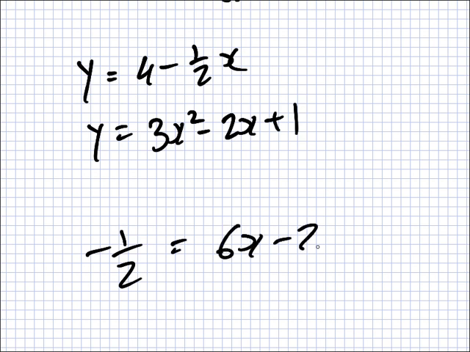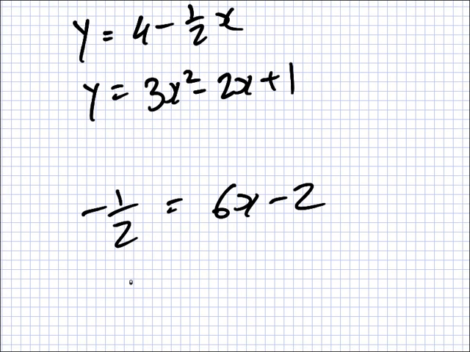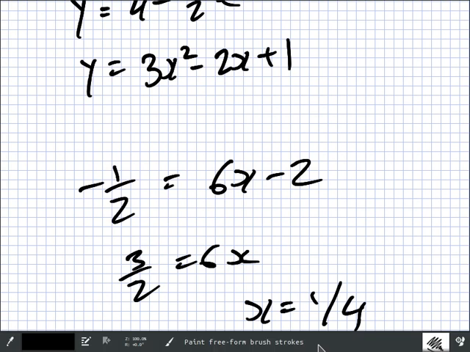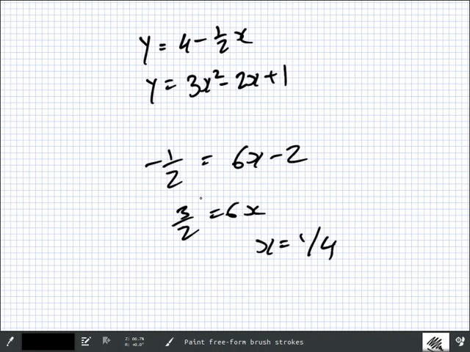The derivative, 6x minus 2. And their question is, when are they equal? So you make them equal and figure out the x that makes them equal. What's that? A quarter. Put it back into the equation. No, in fact they only asked for the x.